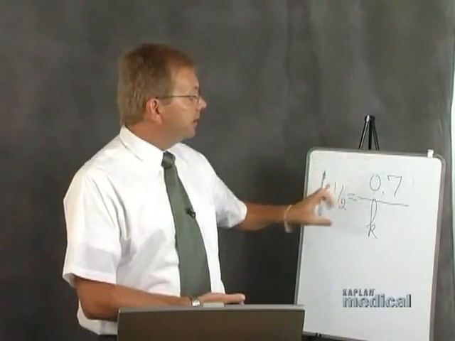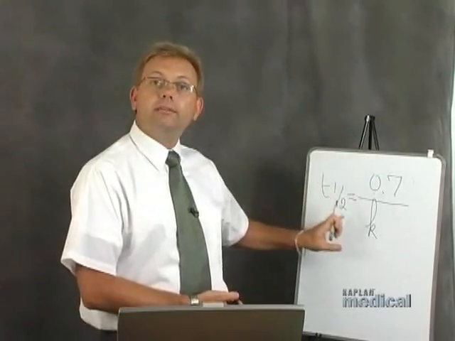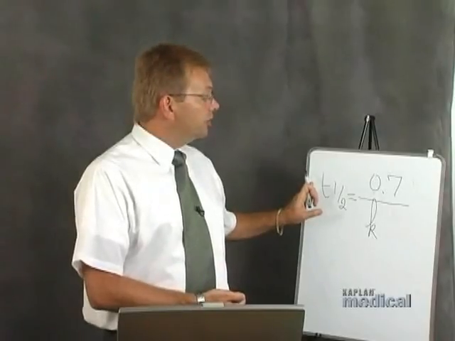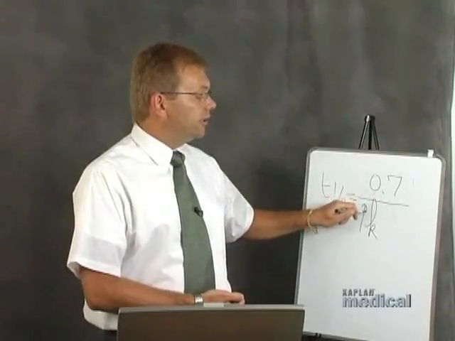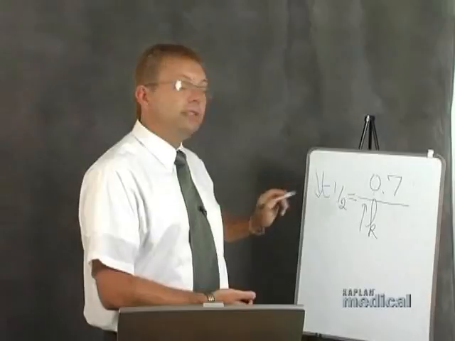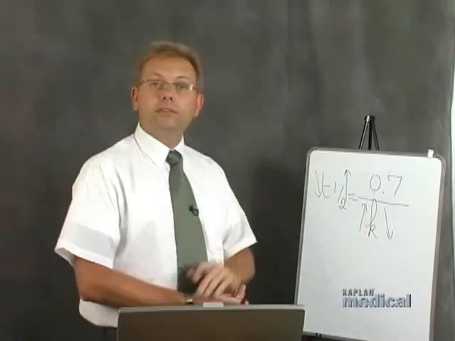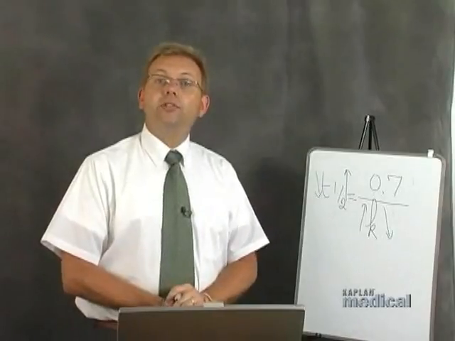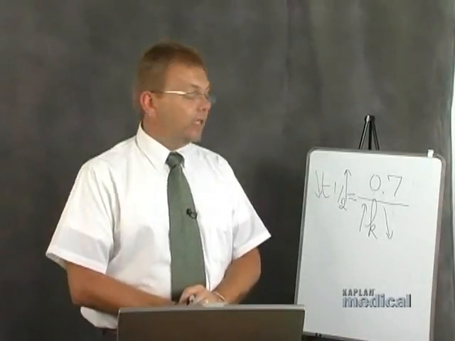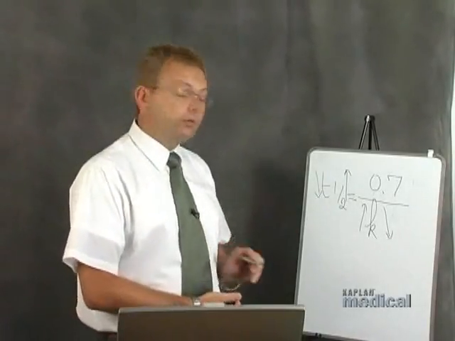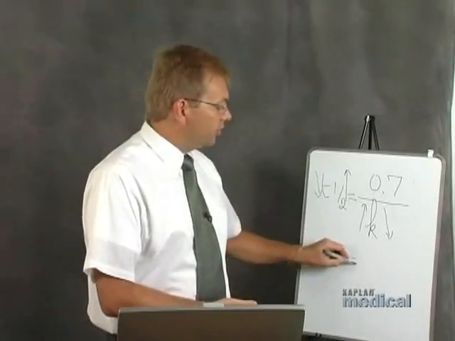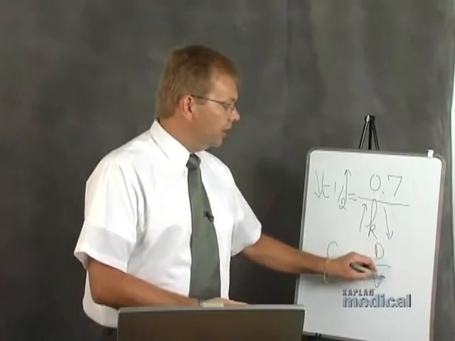Your key point is that there is a key relationship between half-life and elimination, which is the fact that if elimination increases, half-life decreases. If elimination decreases, half-life increases. Half-life and elimination are inversely proportional. Now you remember you already saw another equation earlier on, which was concentration is dose over volume.